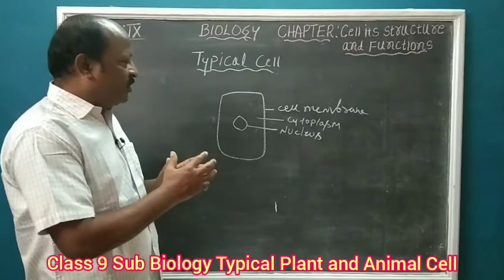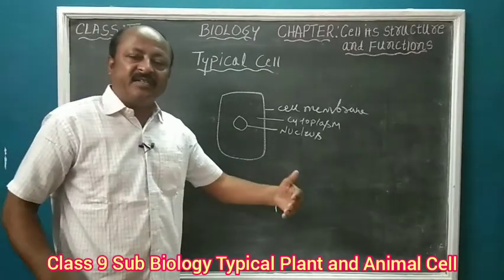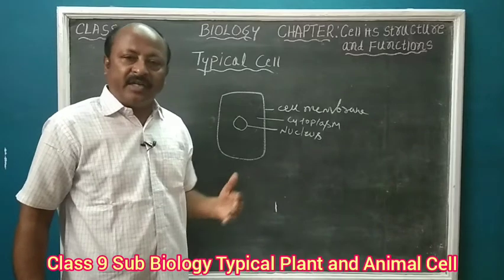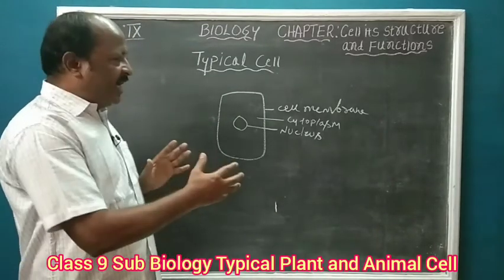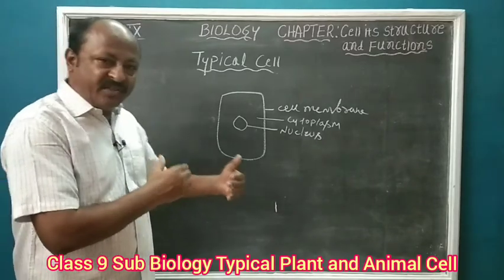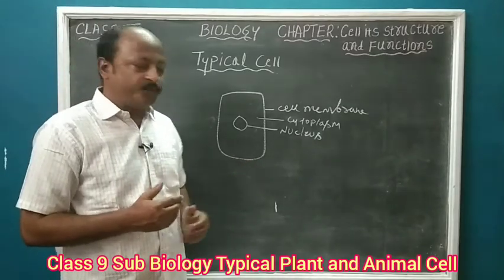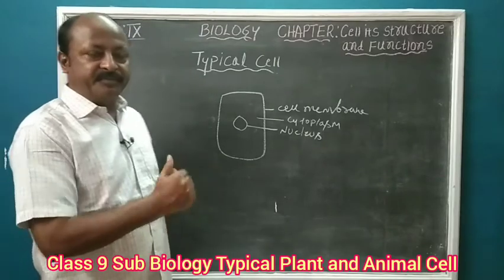So what are the components or structures present in the plant cell? What are the structures or organelles absent in the animal cell? We can take the diagrams of plant cell and animal cell and study about them.